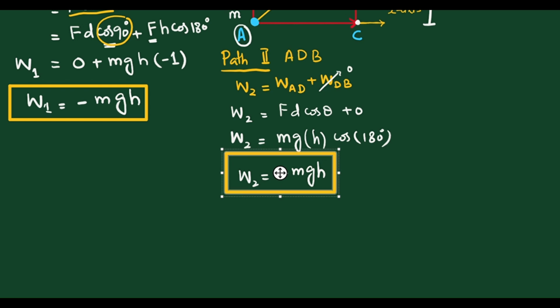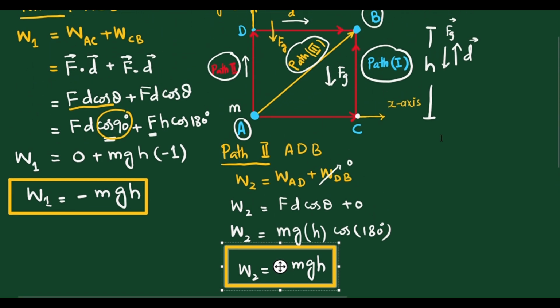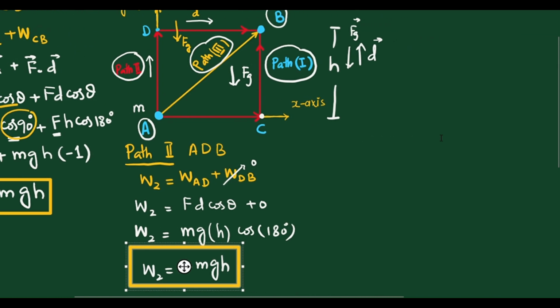Now we consider our third path, which is straight from A to B as mentioned there. Path 3 is in between the x-axis and y-axis, and here the displacement will be both in the x-axis and y-axis.